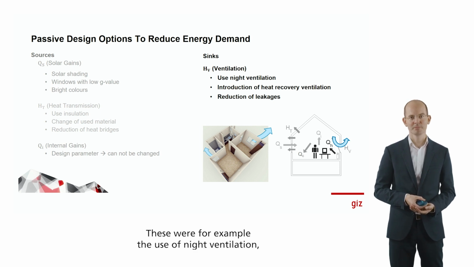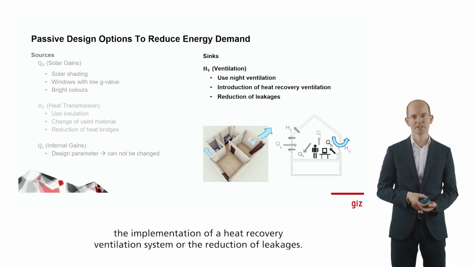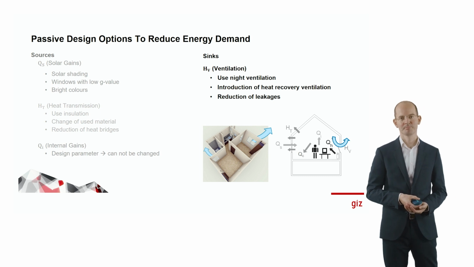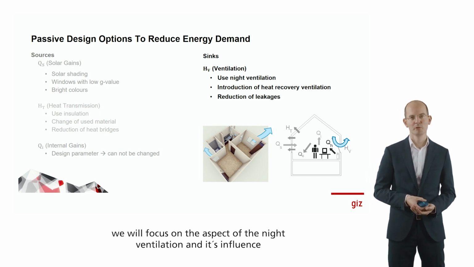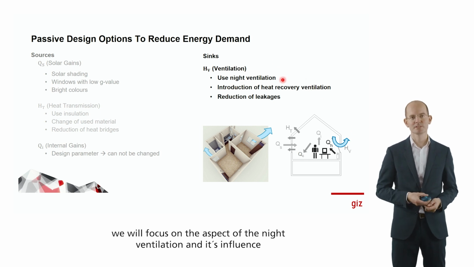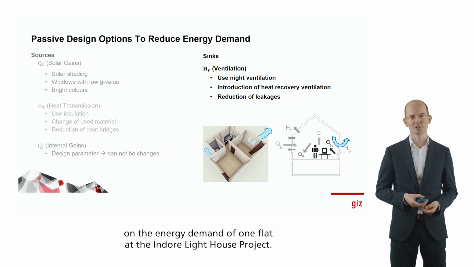These were, for example, the use of night ventilation, the implementation of a heat recovery ventilation system, or the reduction of leakages. In this module, we will focus on the aspect of night ventilation and its influence on the energy demand of one flat at the INDORE Lighthouse project.